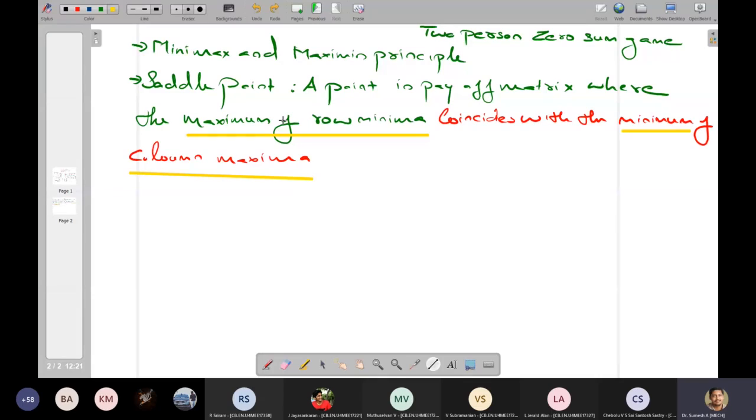So I'll just give you a matrix to illustrate this.